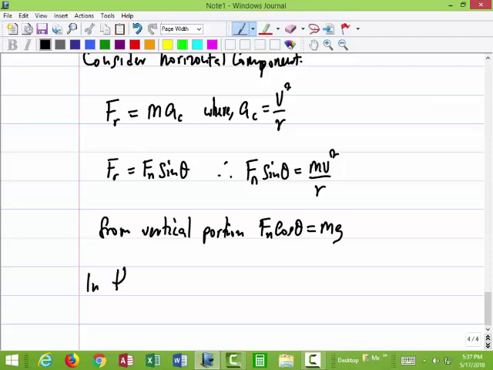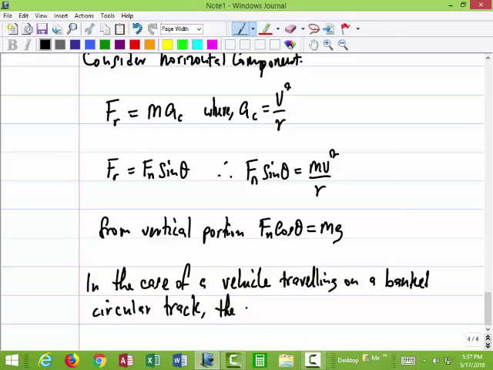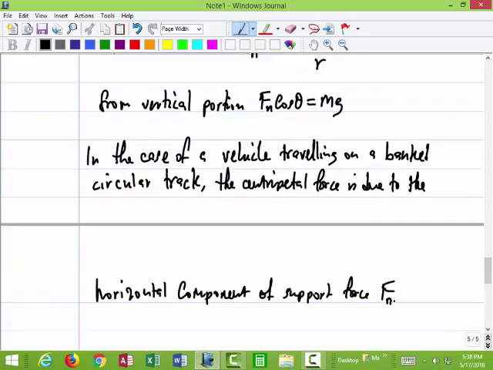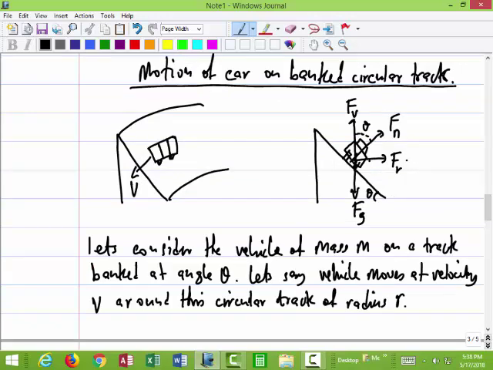So we can say that in the case of a vehicle traveling on a banked circular track, the centripetal force is due to the horizontal component of the support force, F subscript N. And let me make a point to show you that Fr is equal to Fn sine theta and Fv is equal to Fn cosine theta, just to be clear.